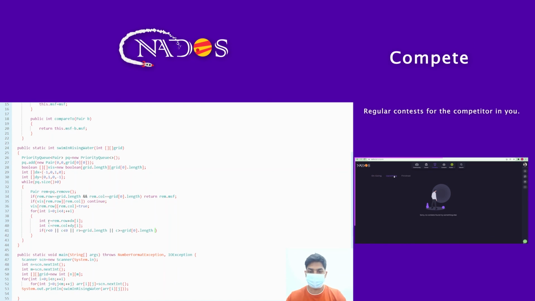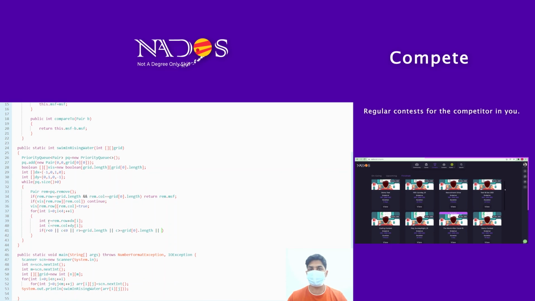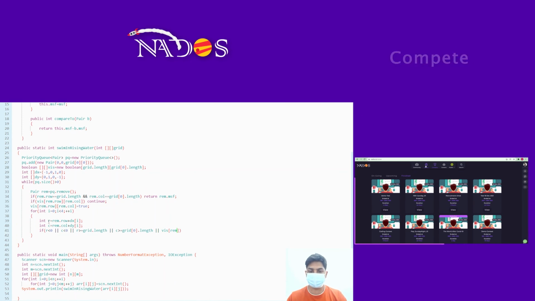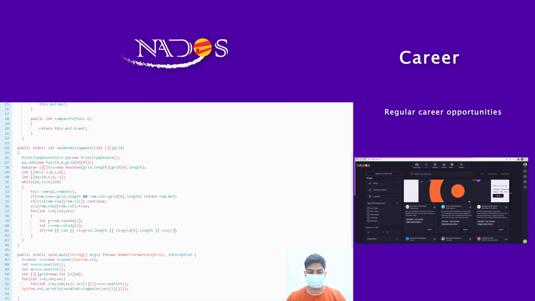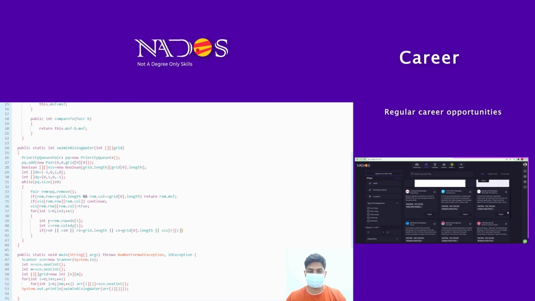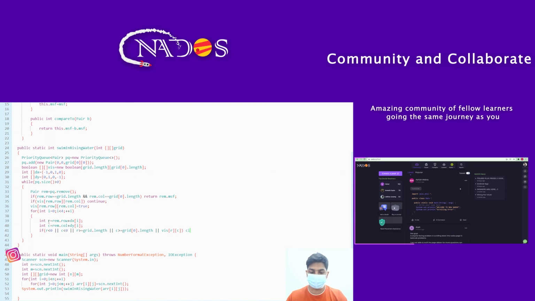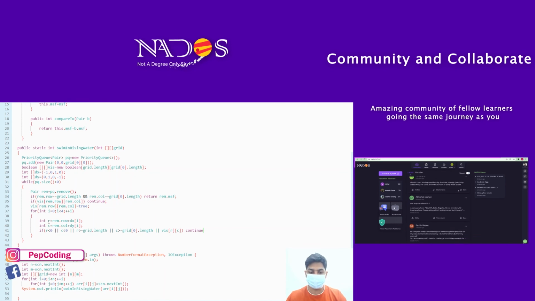And one more condition: if the point we want to visit is already visited, then there is no point in going there. So if visited of row, column is true, we will simply continue, that is, we skip it.